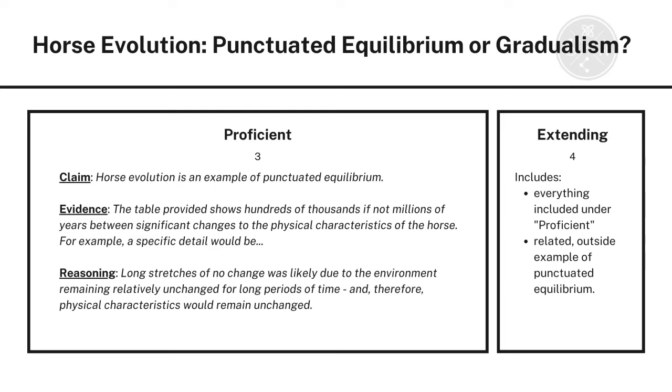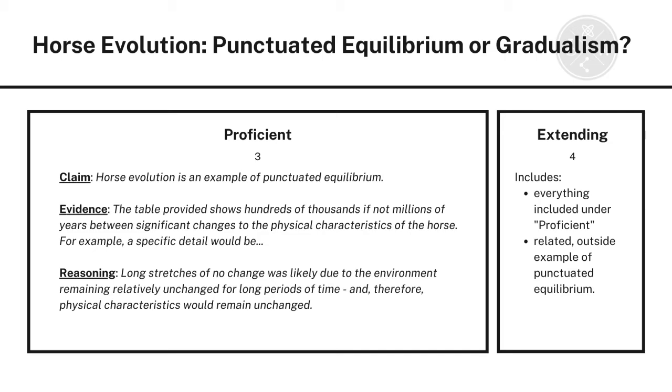They would say that the table provided shows hundreds of thousands, if not millions of years between significant changes to the physical characteristics of the horse. And they would provide specific details. Followed by reasoning. They would say that these long stretches of no change was likely due to the environment remaining relatively unchanged for long periods of time, and therefore physical characteristics would remain unchanged.